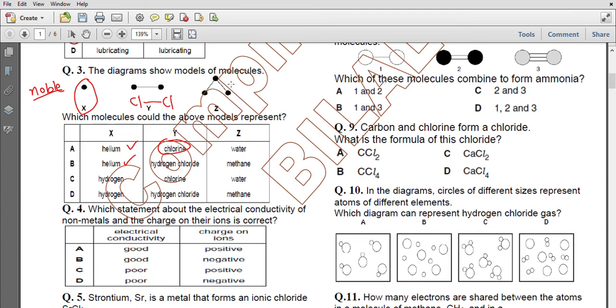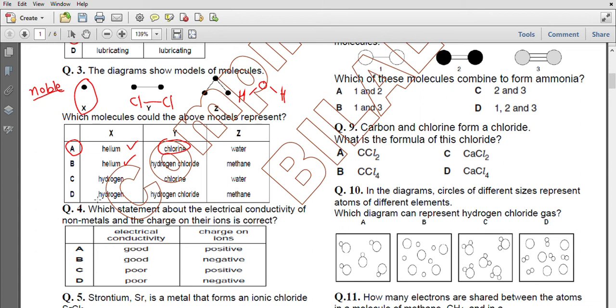Then the Z, this is definitely water. Why? The central part, which is oxygen, is making a single bond with hydrogen and another single bond with hydrogen. So the bonding structure of water is exactly the same model as we can see in Z. So the correct option will be A.